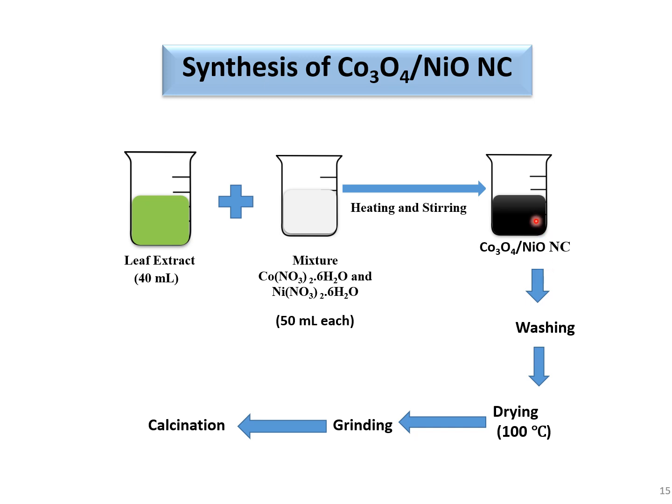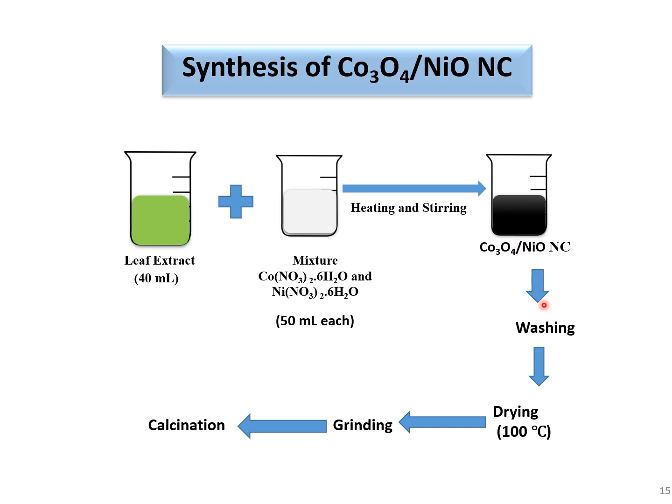Then this solution is filtered, and we obtain these nanoparticles as a solid residue. We can do the filtration, and if the particle size is very small, then we can use the centrifugation method for the collection of the nanoparticles.